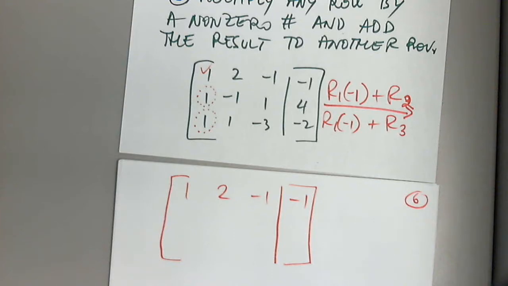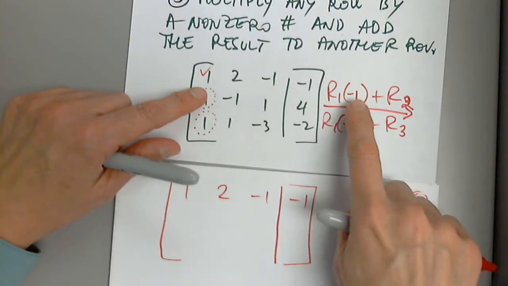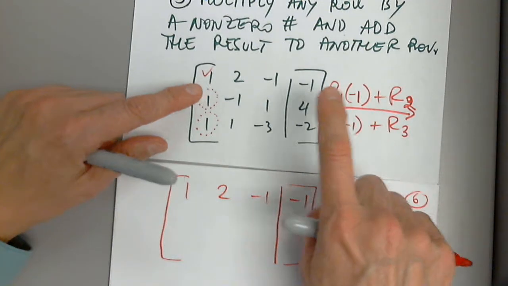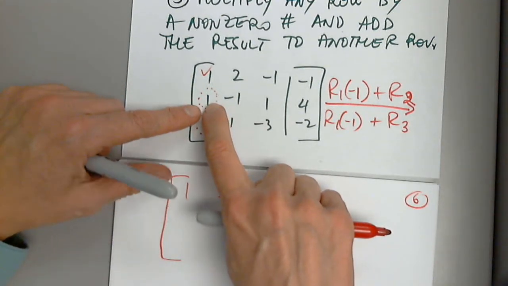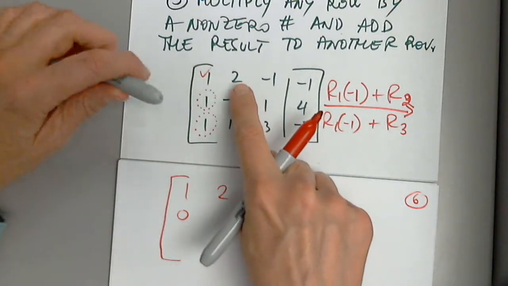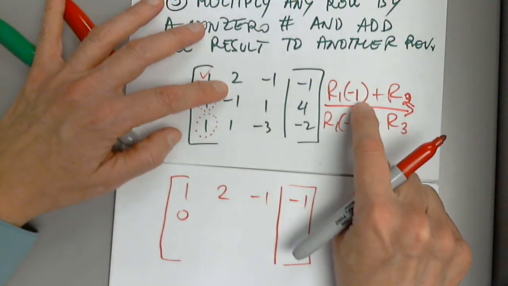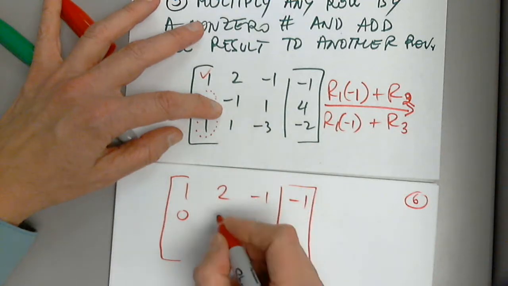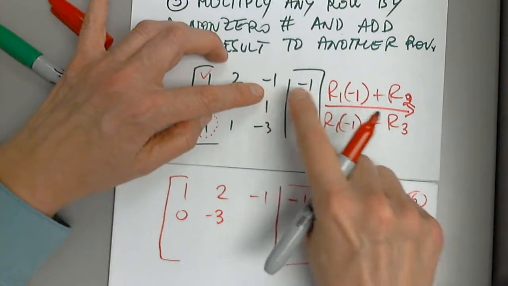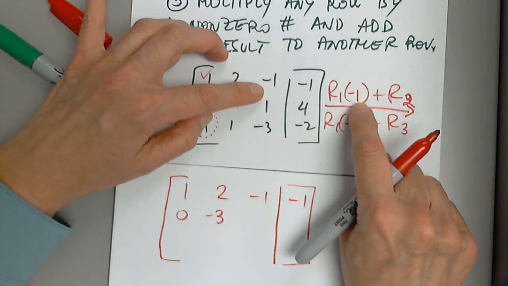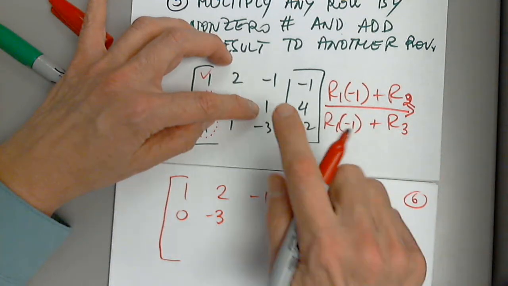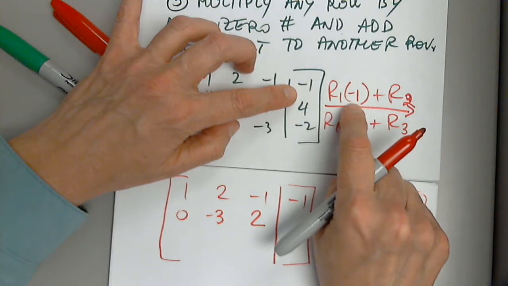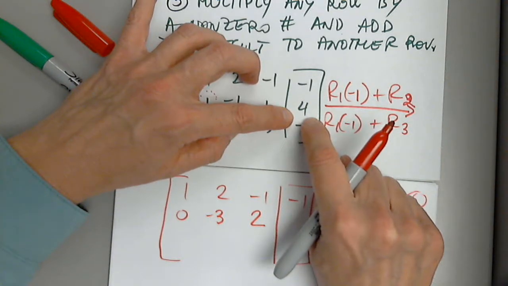Let's do this together. 1 times -1 is 1. plus 1. 2 times -1, -2 minus 1, -1 times -1, plus 1, -1 times -1, plus 4.